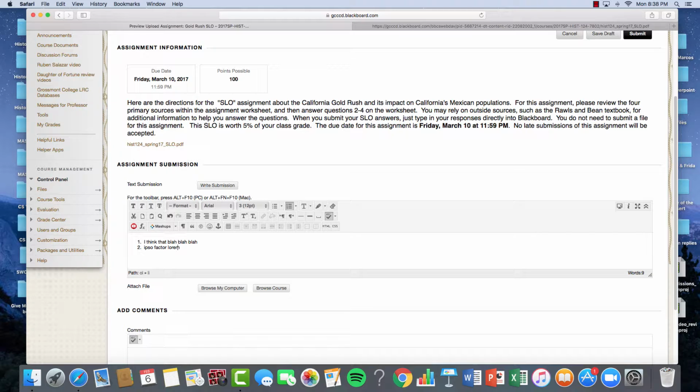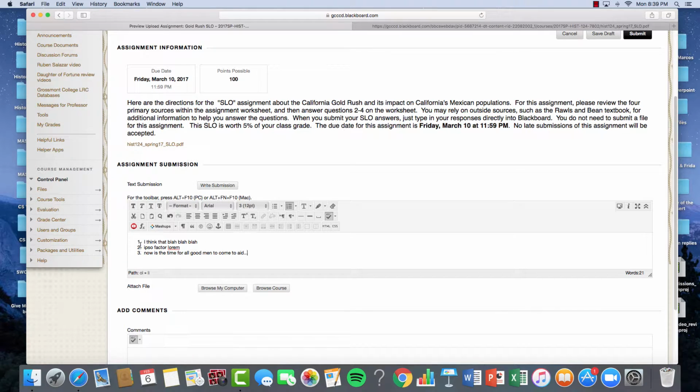Okay, so then once you do that, go ahead and click Return, and on the third one, talk about the historical person, the person involved of historical significance in the Gold Rush. So I'll just go ahead and put, now is the time for all good men to come to the aid of his country. Okay, and so of course, I don't want you to write any of these, but you get the idea.